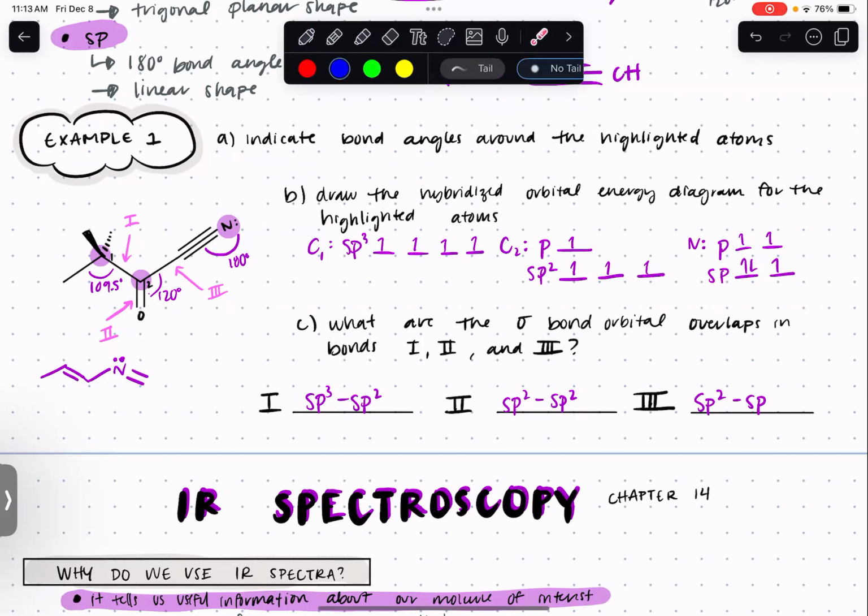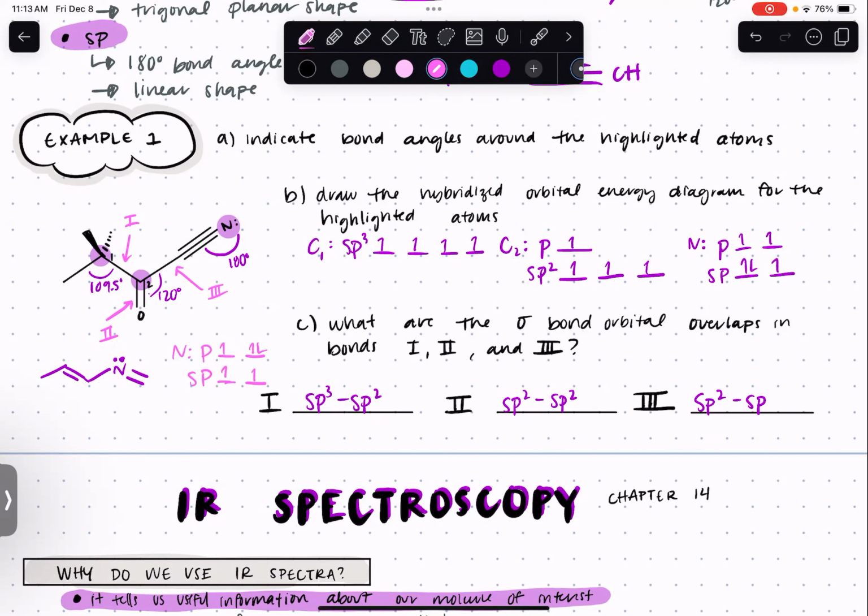It's actually going to be in a p orbital. So if I were to draw the orbital energy diagram for that, I'm going to save actually 2 p orbitals. One of them has 1 electron in them. The other one has 2. And then this nitrogen is actually sp hybridized, even though it only has a double bond on it.